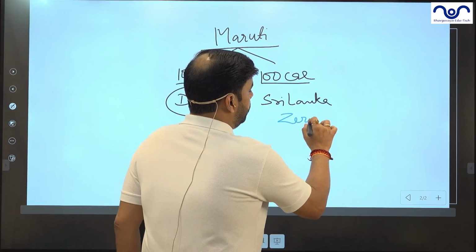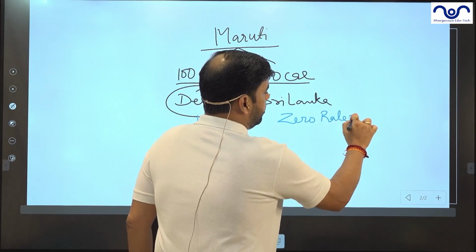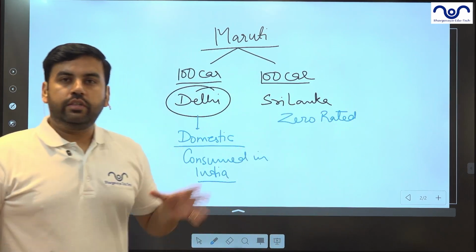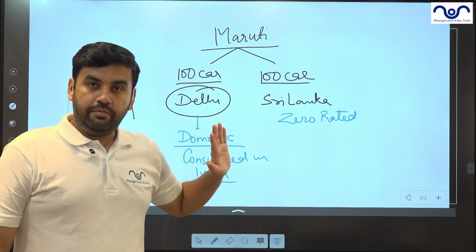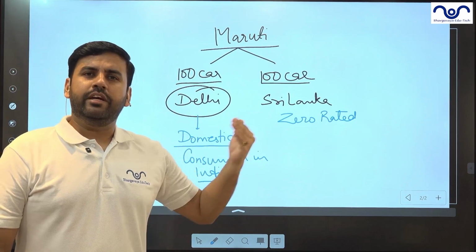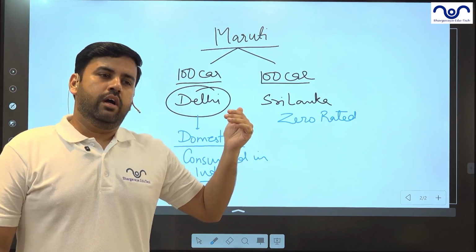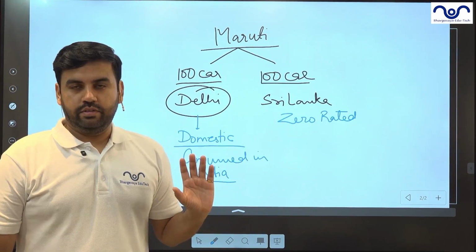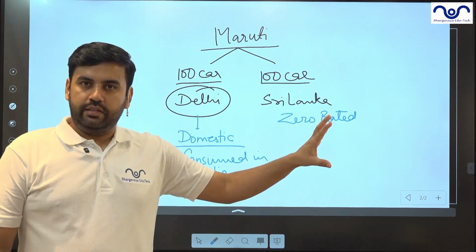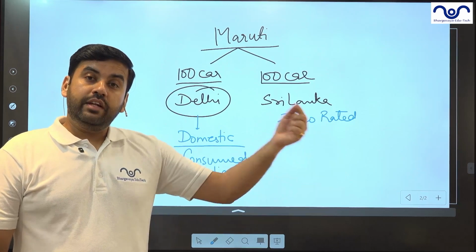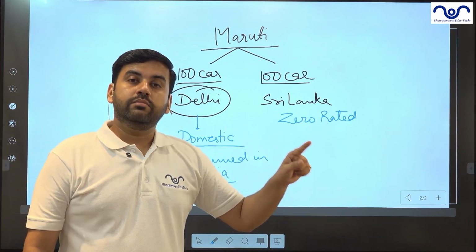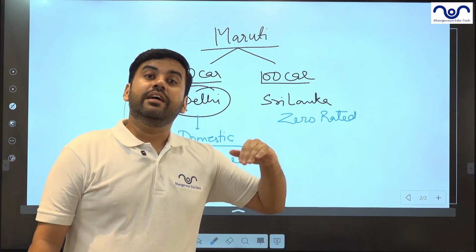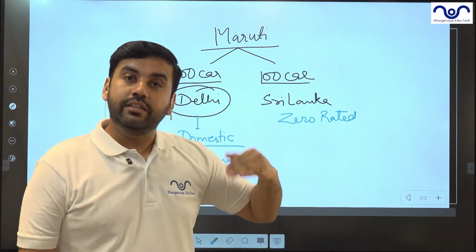What do you mean by zero rated? Zero rated means, of course, the manufacturer, that is Maruti, if Maruti purchases some inputs, let's say machines, any electronic item, tires, steel, whatever they are purchasing, they will be paying GST on that as an input. So everything which they have included in terms of input will be reversed, right? Will be returned to them.